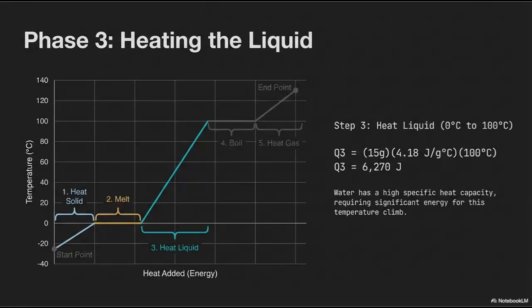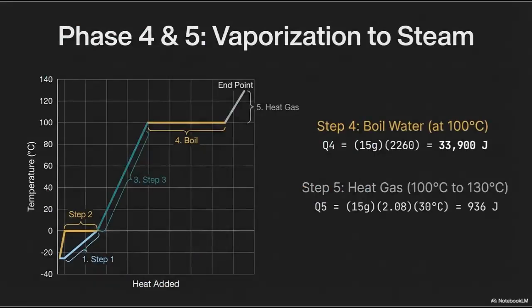As you move on in the heating curve, that heat increases because the delta T is going to be bigger. It's a temperature climb.